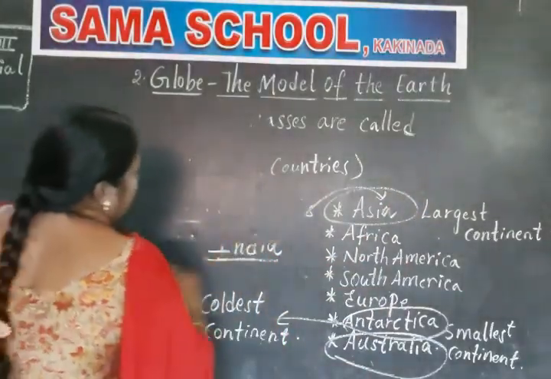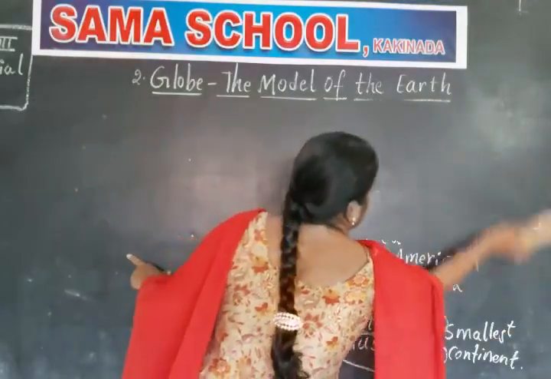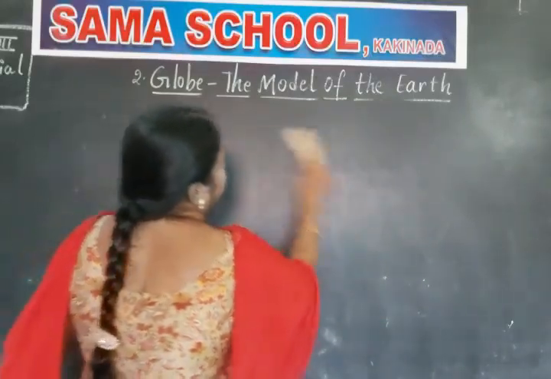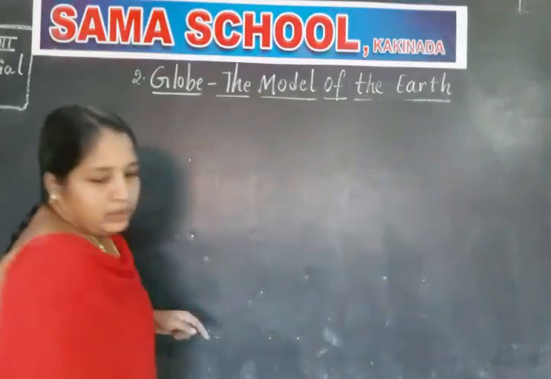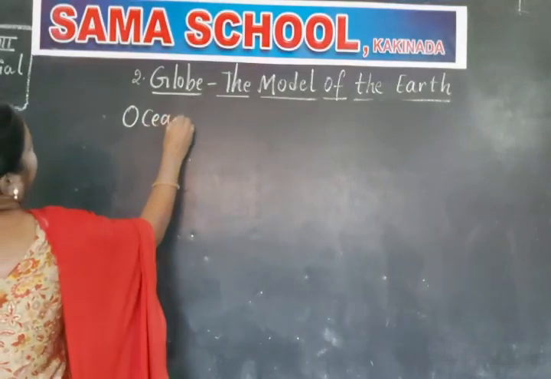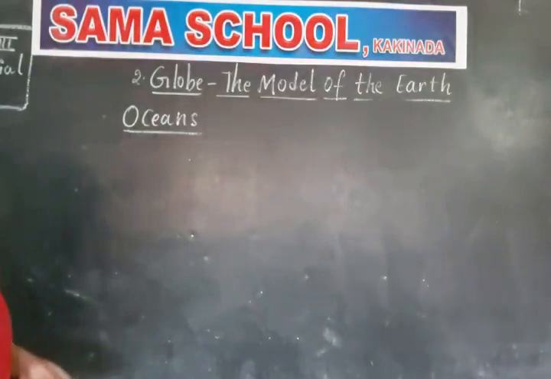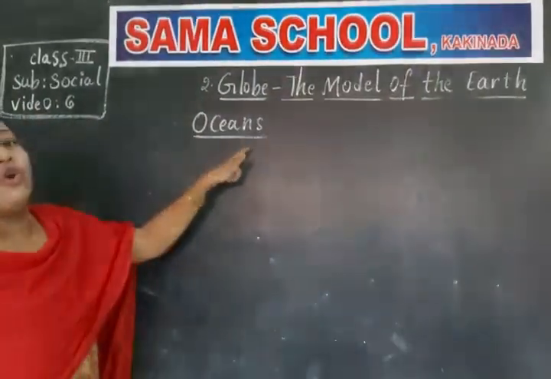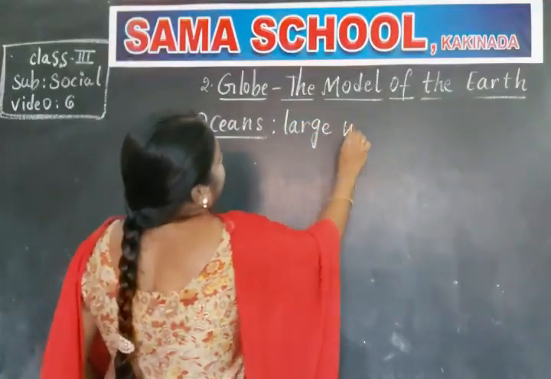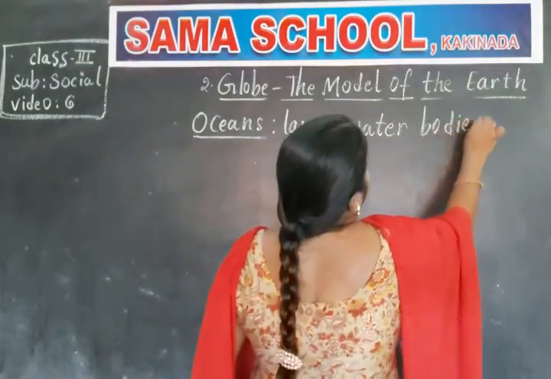So we will go to the next topic, that is oceans. On the earth we have land and water. Clear? So large land masses are called continents and large water bodies, oceans, are the large water bodies.